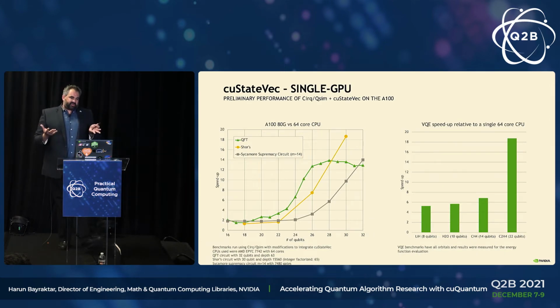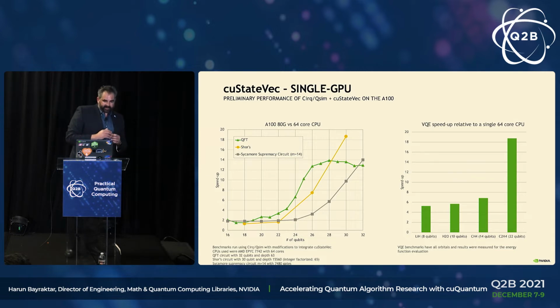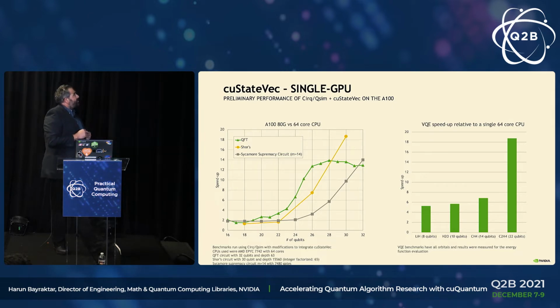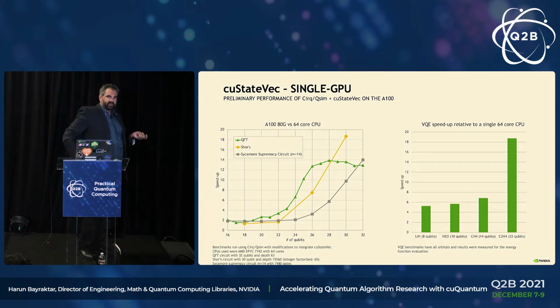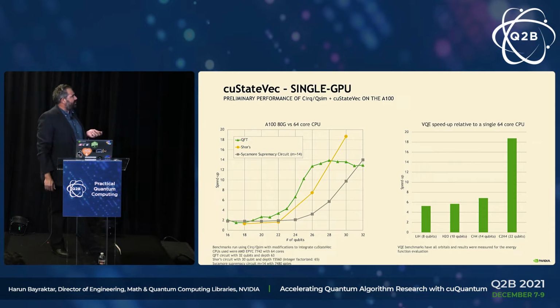So people are usually interested in performance numbers. What will I get if I use the cuQuantum libraries in my simulator? So all the results obtained here for the GPU are on the A100 GPU, the Ampere architecture GPU with 80 gigabyte memory, so it has 2 terabytes per second memory bandwidth, and a lot of the quantum circuit simulation applications are memory bound, so that's an important factor to remember.